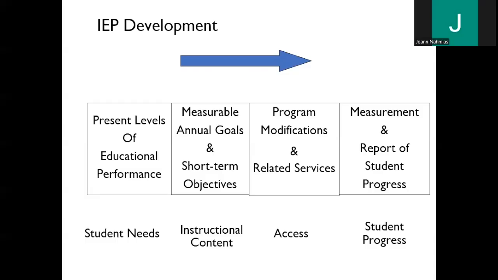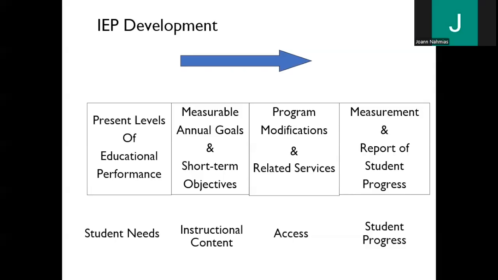The measurable annual goals and short-term objectives are based directly on the needs that are identified in the PLAF. They provide clear, targeted outcomes for what the student should achieve within a year, along with steps to get there. This is the instructional content of the IEP.